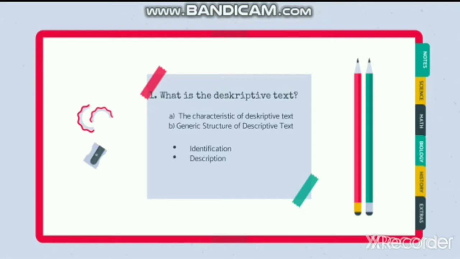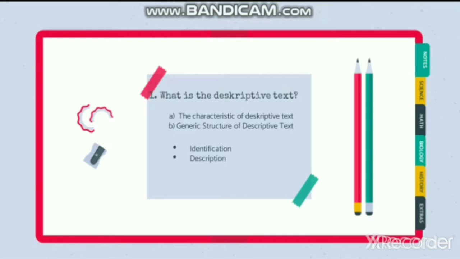The first, identification. What is identification? Identification is the section located in the first paragraph, to identify an object that you want to describe. Identification serves to introduce the reader to the object we will describe before we tell more detail about the object in the next paragraph.